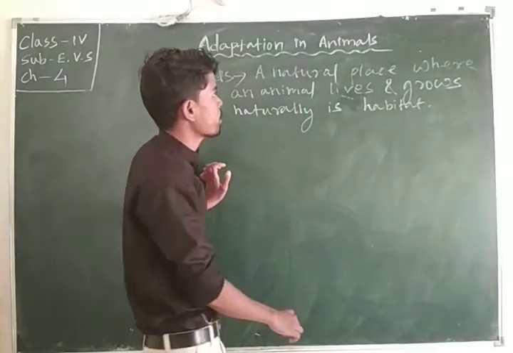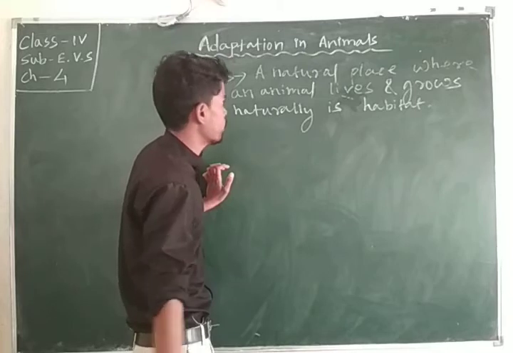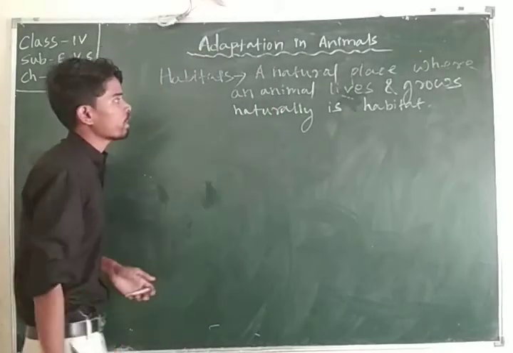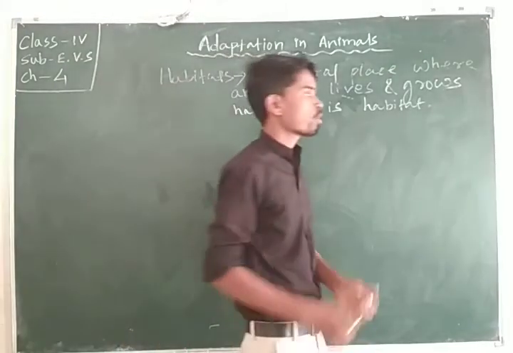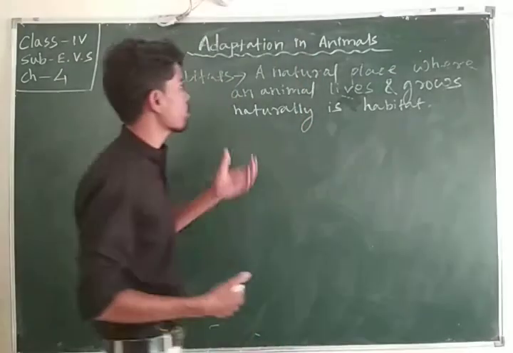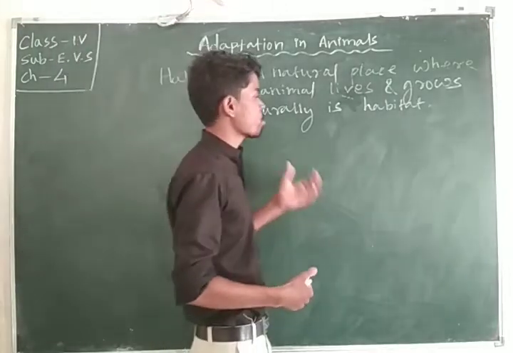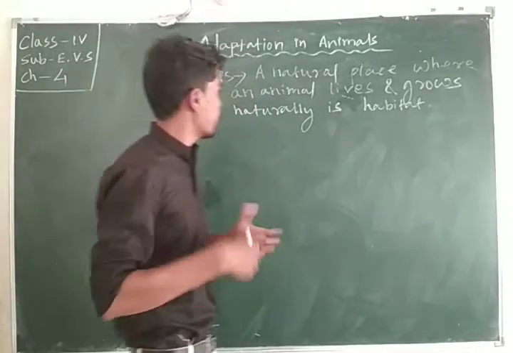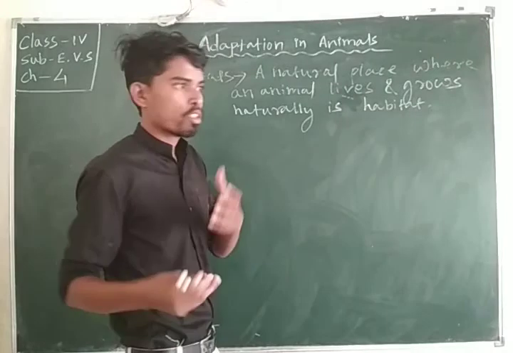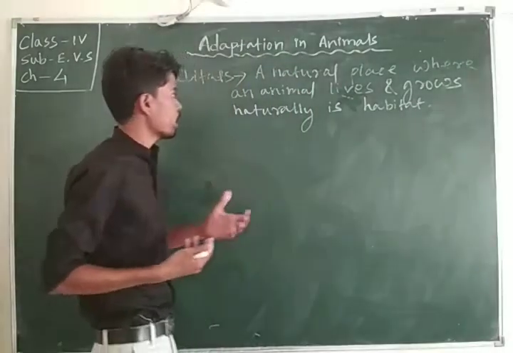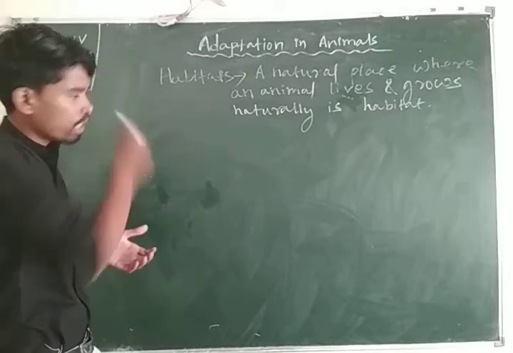A natural place where an animal lives and grows naturally is called a habitat. Different organisms have different habitats. Some are terrestrial, some are aquatic, some are arboreal, and some are aerial.